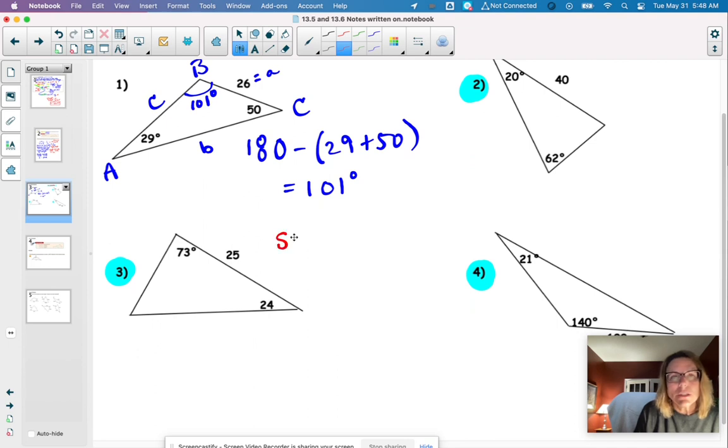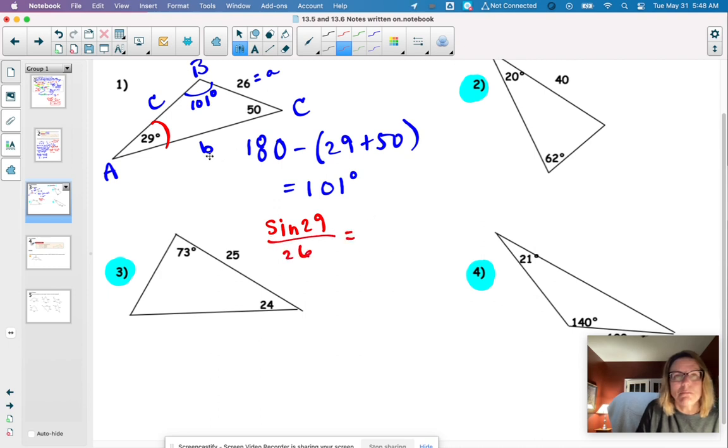All right, so let's start. Sine of 50 divided by, actually, I can't do that. Let's start again, please. I want to start with the side that I have the angle and the side. I know the side length. So sine of 29 divided by 26.